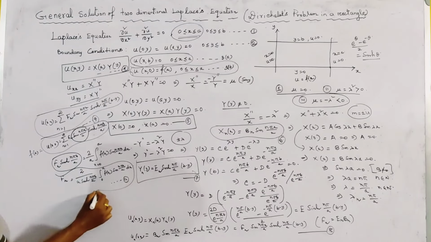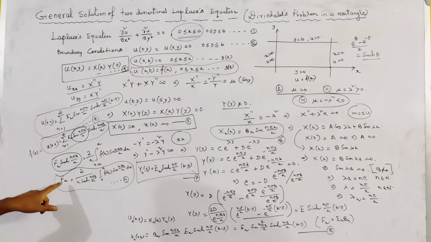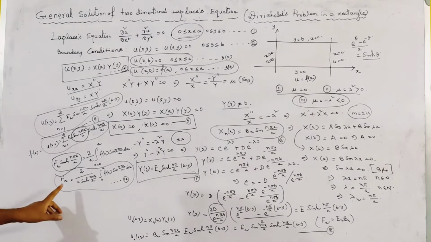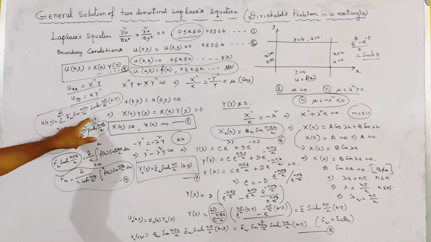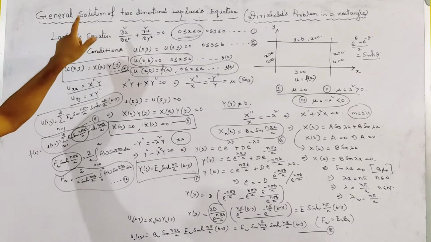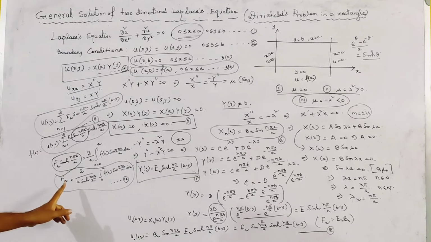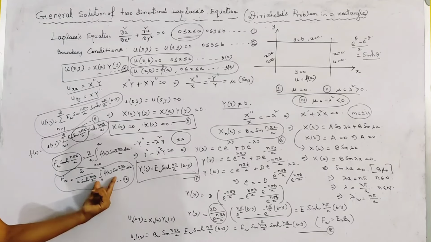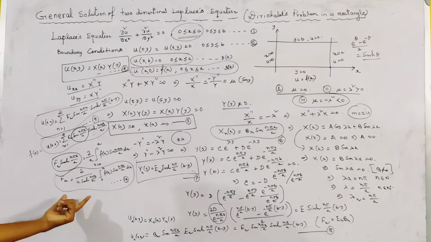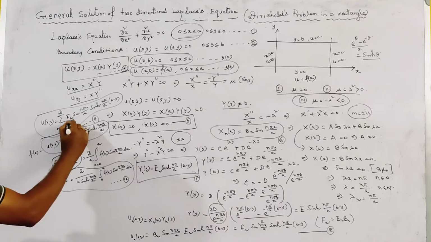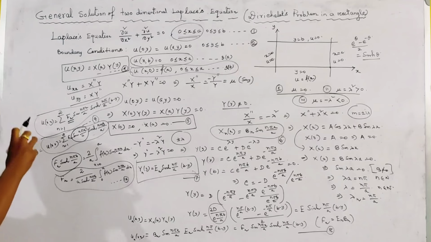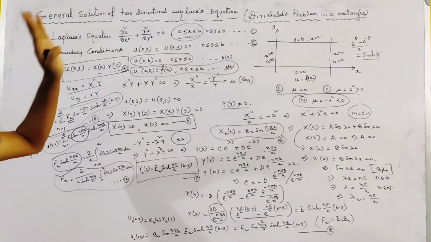Now we find the value of f n from relation number 10 and, putting the value of f n in relation number 9, we get the general solution of the Laplace equation. Okay, here we find the value of f n by integrating this term and putting this value of f n here, that is in relation number 9, and we get the general solution of the Laplace's equation.